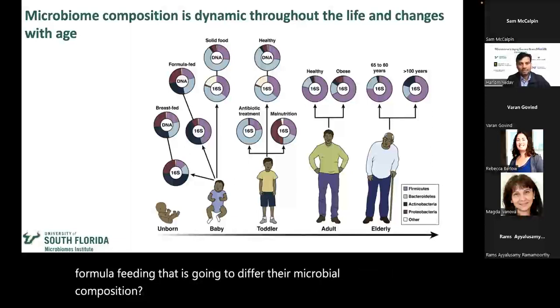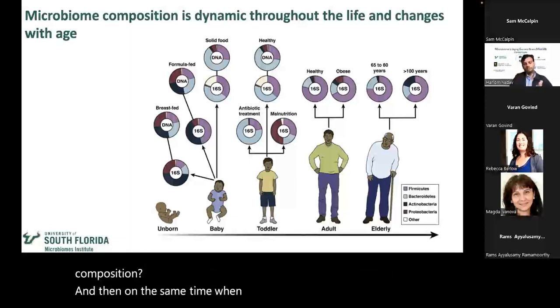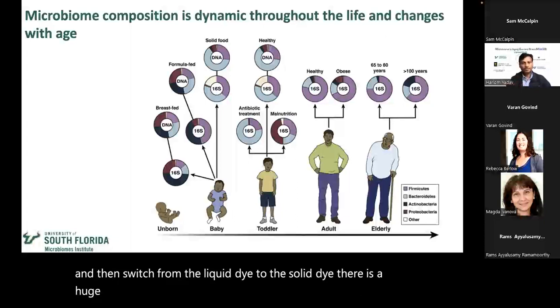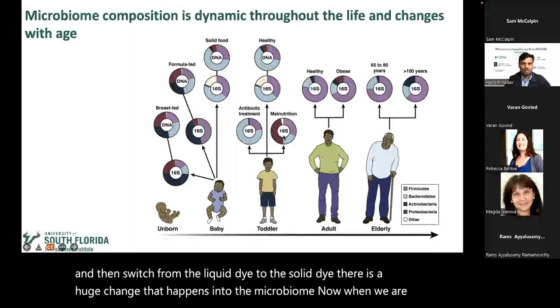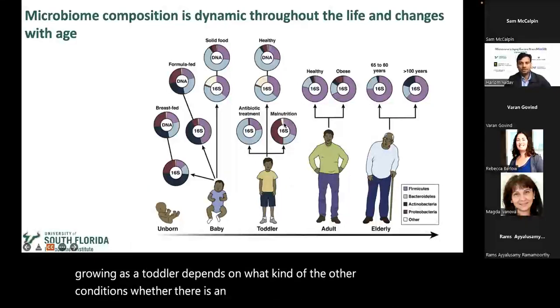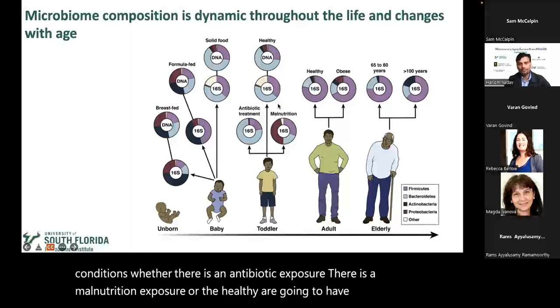And at the same time, when babies or kids grow and switch from the liquid diet to the solid diet, huge changes happen in the microbiome. When we are growing as toddlers, depending on other conditions, whether there is antibiotic exposure, malnutrition exposure, or we are healthy, we are going to have different kinds of microbiome.